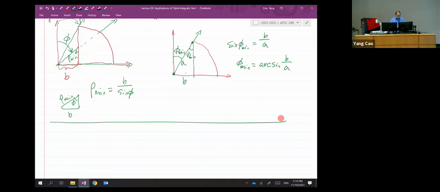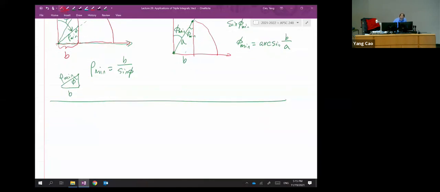Okay. So let's take a look at applications of a triple integral. If you recall, when we finished the double integral, we spent a lecture or two on applications of a double integral, and we illustrated quite a few different applications. But one of the constraints for applications of a double integral is that it's not really a 3D object, so it's about a thin plate, or it's about a cross-section area.